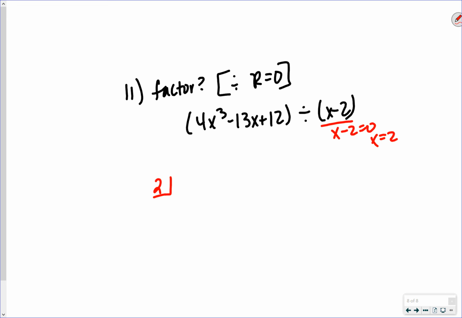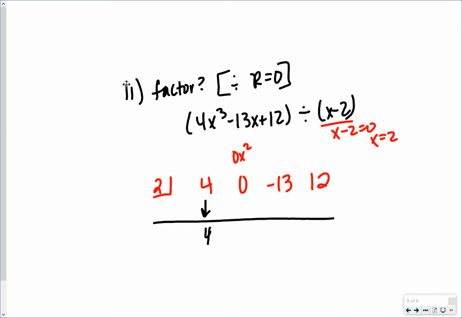Across the top, in front of my x cubed is a 4. In front of my x squared is a 0. I have 0x squared. In front of my x is a -13, and my constant is a 12. Skip a line, draw a line, bring down your first number. 4 times 2 is 8.